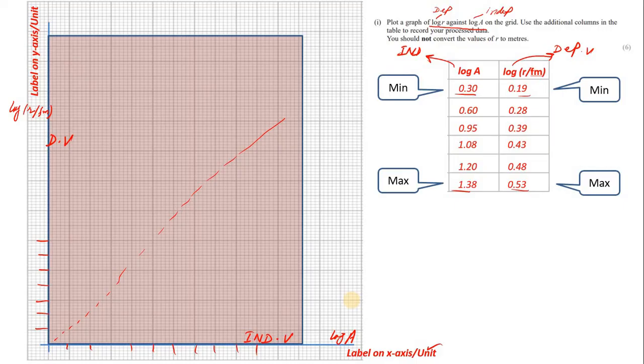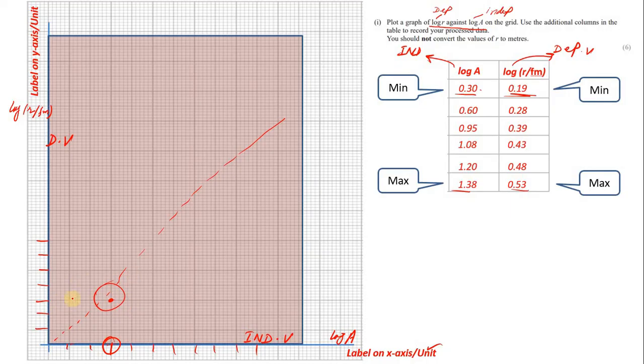Now, after deciding the scale or values on the axis, it is time to plot the graph. At 0.3, whatever it is, maybe 0.1, 0.2, or 0.3, you need to plot the point. Generally what happens is students put a dot. Do not; this is called a blob.